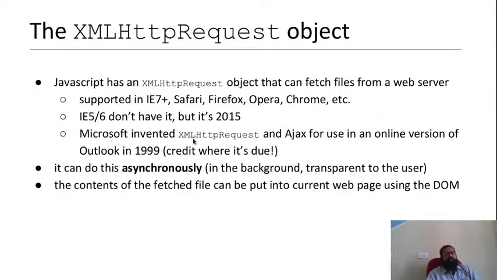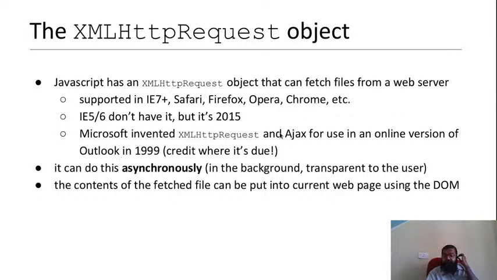Microsoft invented the XML HTTP request and Ajax for use in an online version of Outlook in 1999. Outlook, as you must know, is their email client.